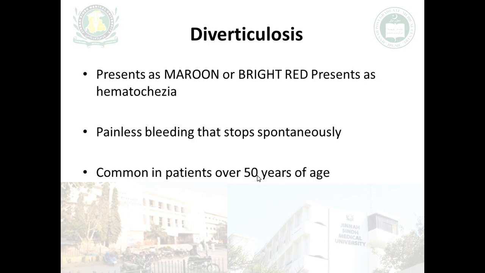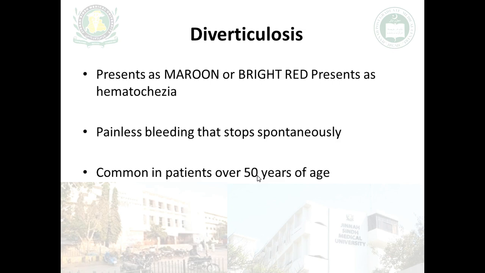So if we are going to discuss a few differentials on the history basis, like diverticulosis. I will show you the picture of diverticulosis when we discuss the colonoscopy. Patients with diverticulosis, who have diverticula in their colon, present with maroon or bright red blood, that is hematochezia basically.